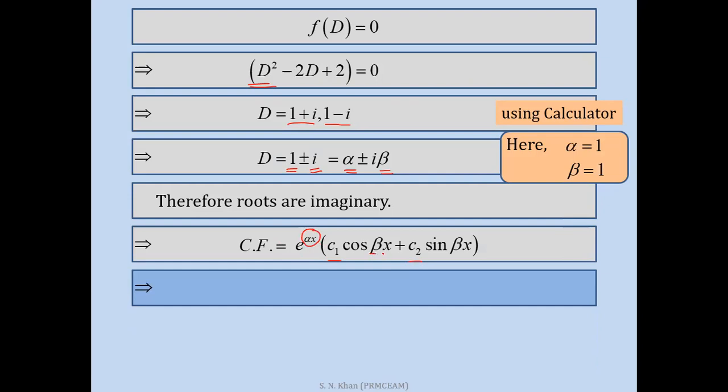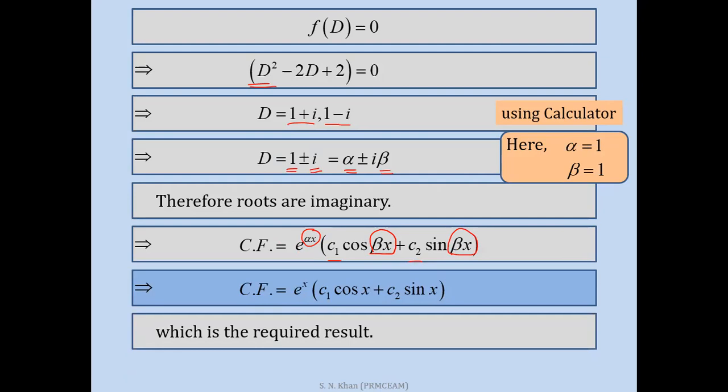And here we will substitute beta equal to 1, so it will become cos x and sin x. So CF is equal to e to the power x in brackets c1 cos x plus c2 sin x. Cos beta x becomes cos x and sin beta x becomes sin x. This is the required result, or required CF, for the given differential equation.